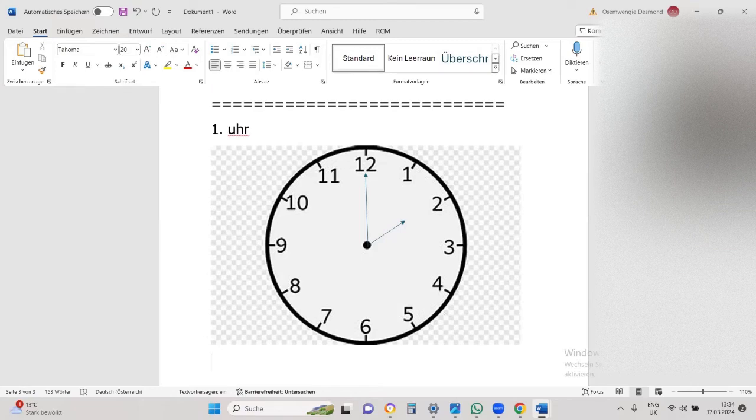You see that the small hand is on 2 and the big hand is on 12. The 12 indicates Uhr, while the 2 indicates the Stunde. So we say es ist 2 Uhr.